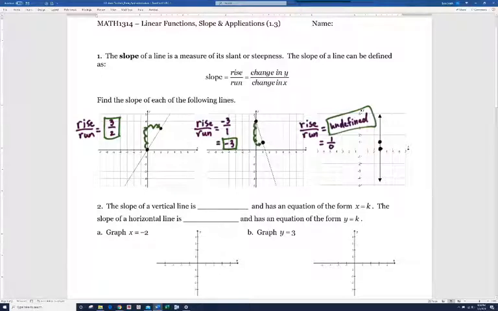So let's talk for just a minute about this. If I give you these 3 lines, there's something you can tell me about each one of them. From left to right, the first one goes up, so this is a positive slope.